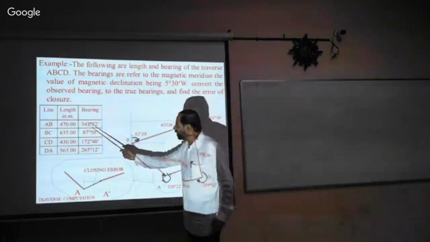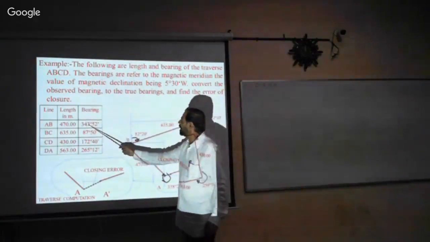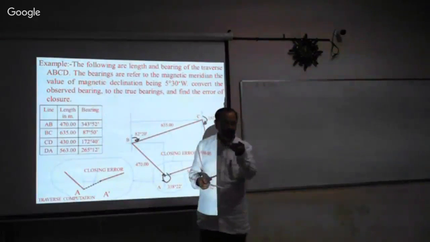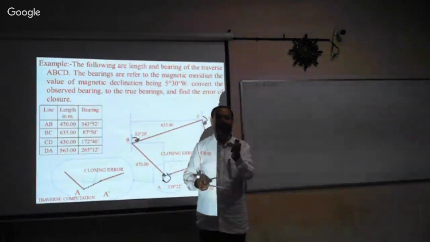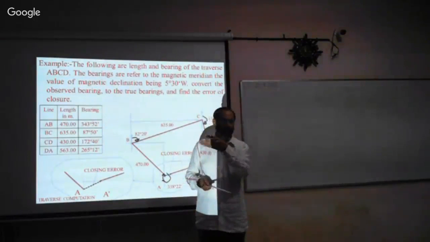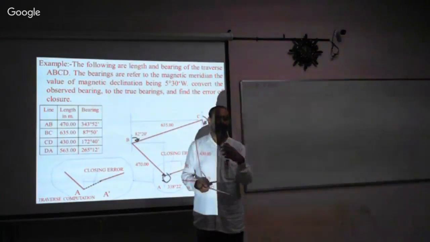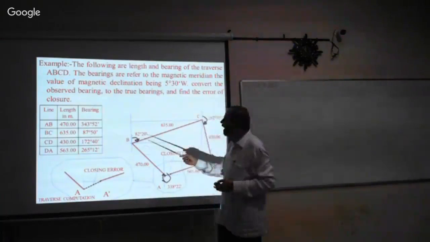The observed angle is because our instrument is reading more. What actually it should be, it is giving 5 degree more. The needle of the compass is lying leftward, not westward. Therefore, we have to calculate the true bearing from the observed reading.